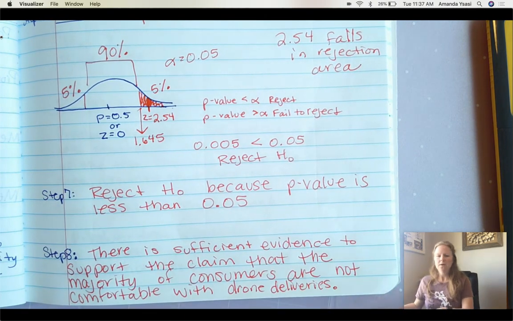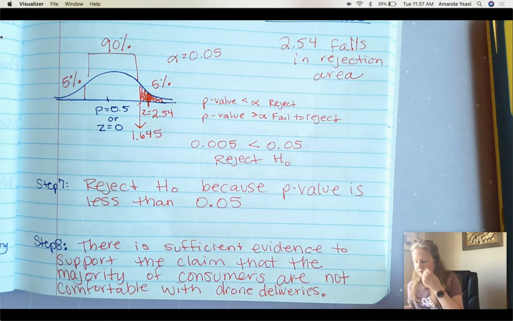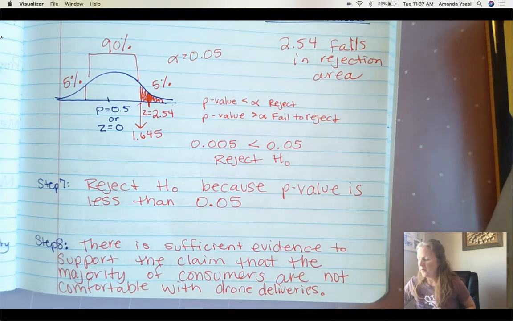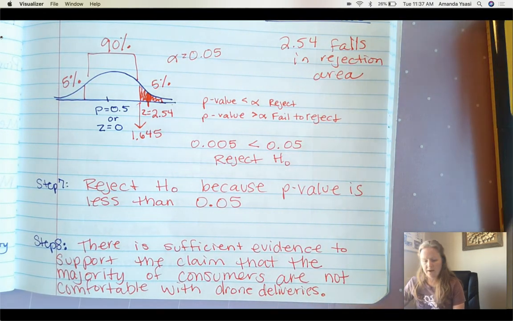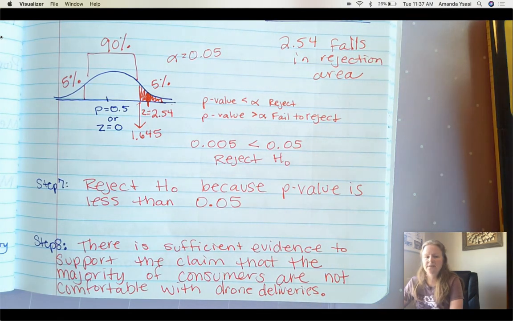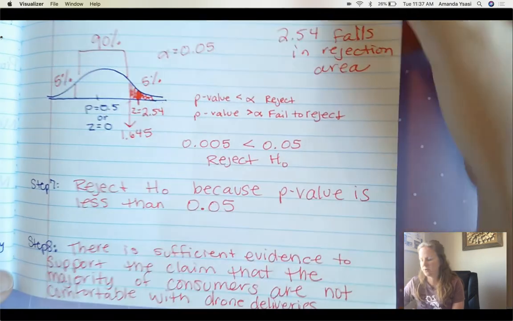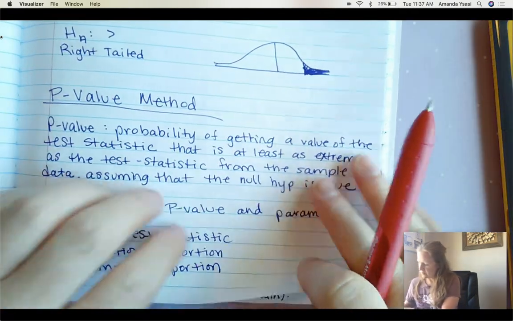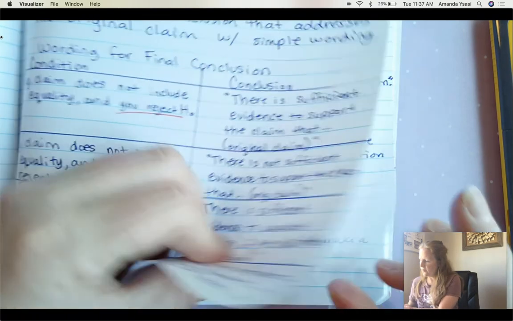Okay. So we have tested the claim. We have determined that there was sufficient evidence to support the claim that the majority of people do not want drone deliveries. All right. So we have gone through page 7.